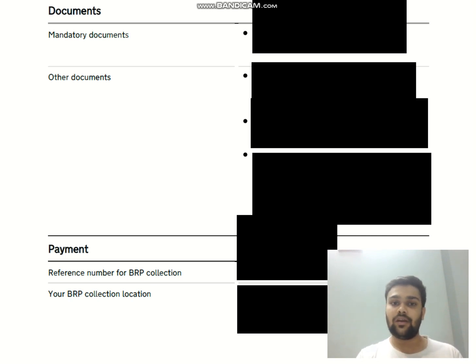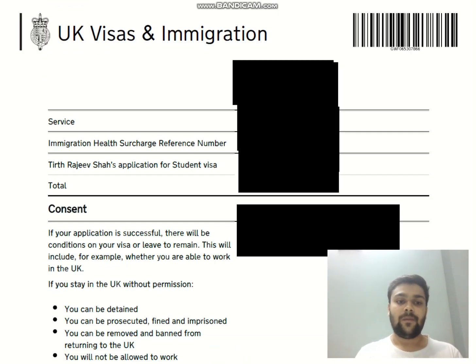So the first is for university, on your CAS letter there will be an ACL code. If you write this code, it will automatically take your university address. If you have already booked your accommodation and you know your nearest post office, you can write the code of that post office and you can collect your BRP from the nearest post office in UK. Then comes the immigration health surcharge reference number. What was the total price you paid for IHS?